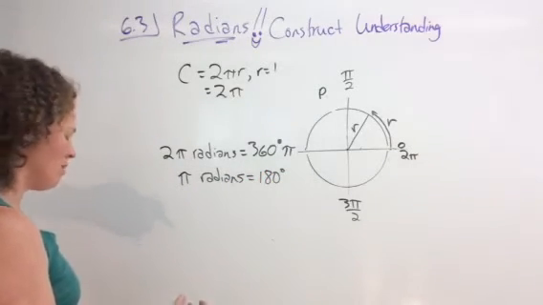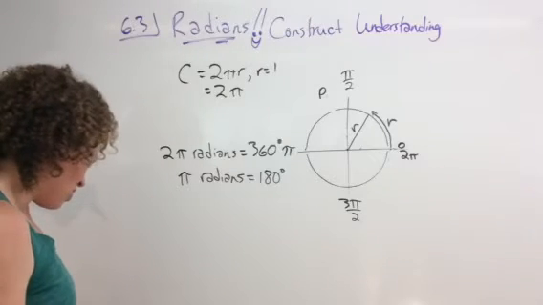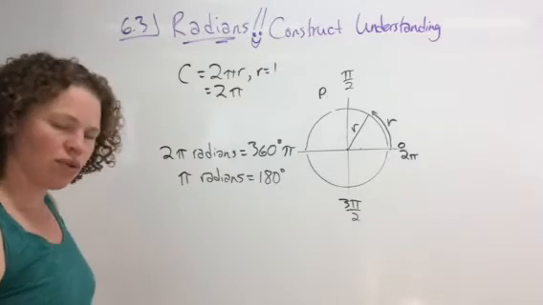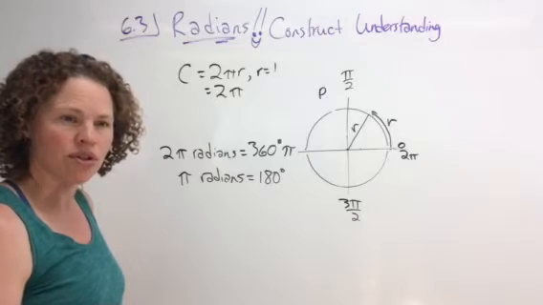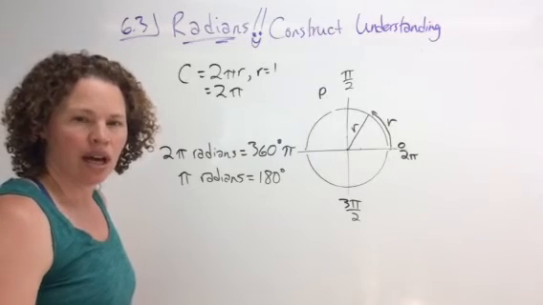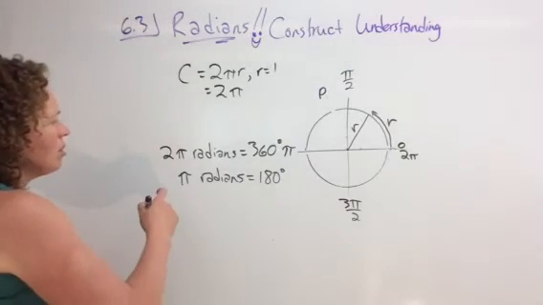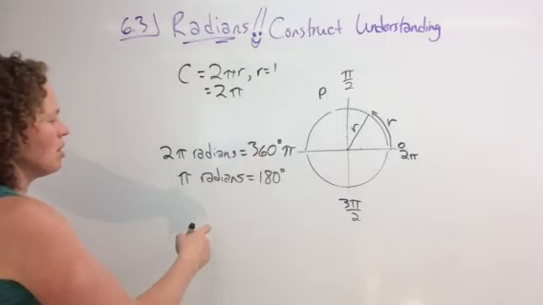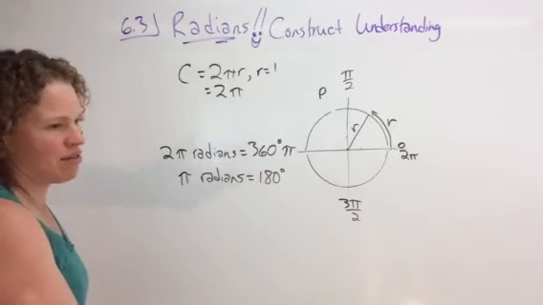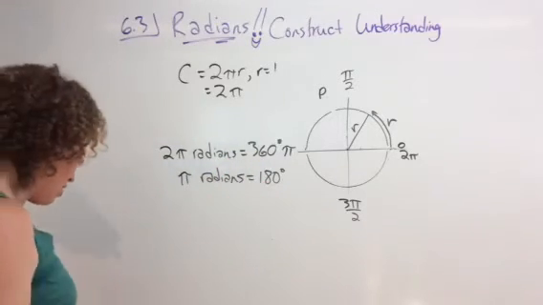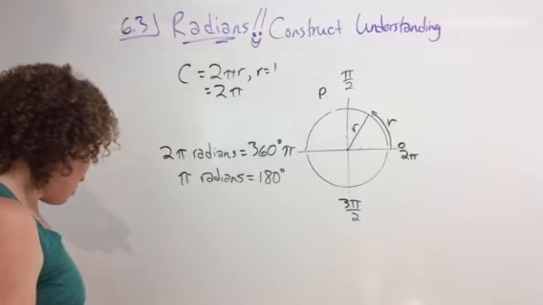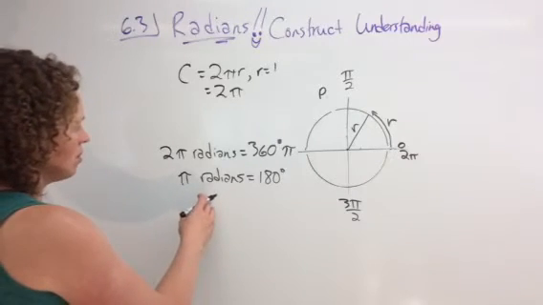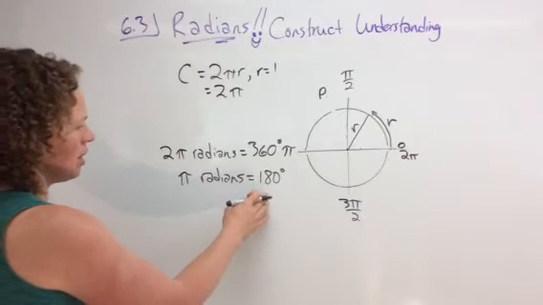So now we have the measurements that we're talking about on the top of page 489. They give you conversions between degrees and radians. So 2 pi radians, 360 degrees. Pi radians is just half of that, which is 180. And so this is basically pi times radians equals 180.